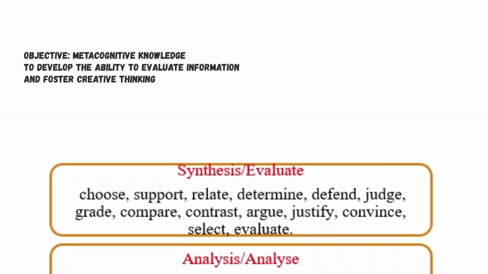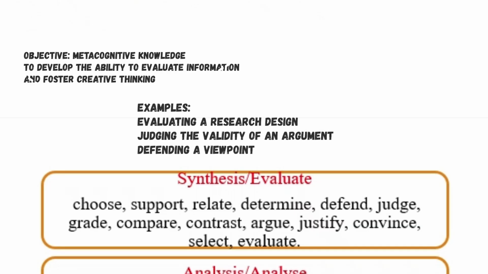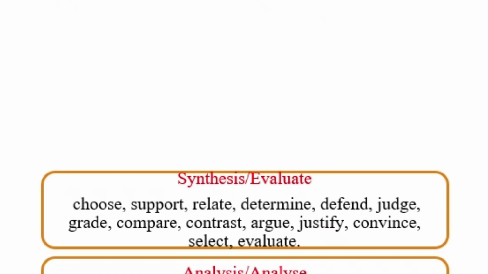Evaluations are done using the terms choose, support, relate, determine, defend, judge, grade, compare, contrast, argue, justify, convince, select, evaluate, develop, and so on. For example, evaluating a research design, judging the validity of an argument, defending a viewpoint, etc.